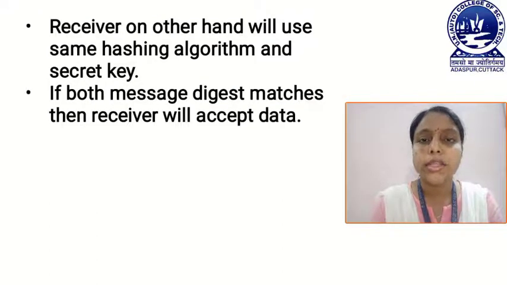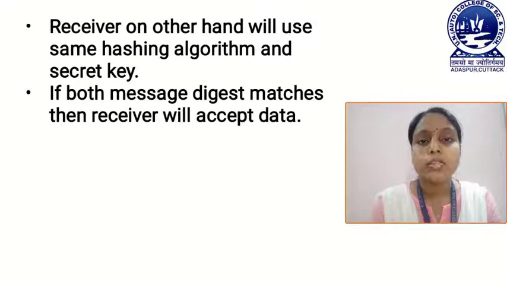Now at the receiver side, the receiver will use the same hash algorithm and the secret key, and it creates a message digest. These two message digests, the one sent by the sender and the one created by the receiver, are compared. If these two message digests are the same, then the data is accepted, otherwise the data will be rejected.